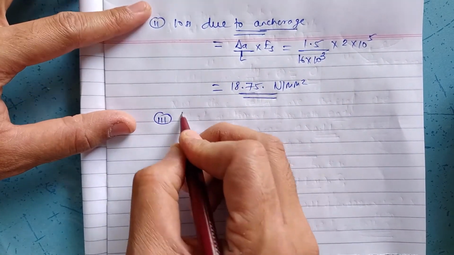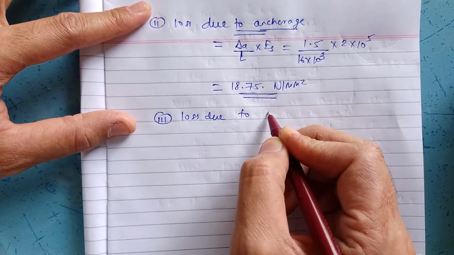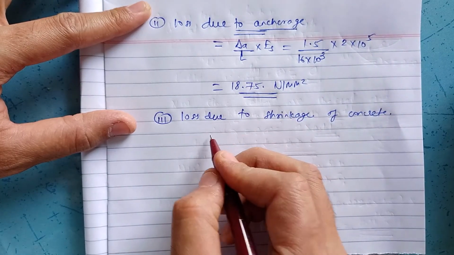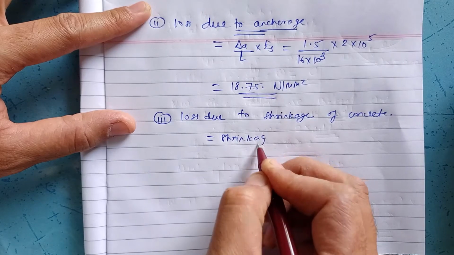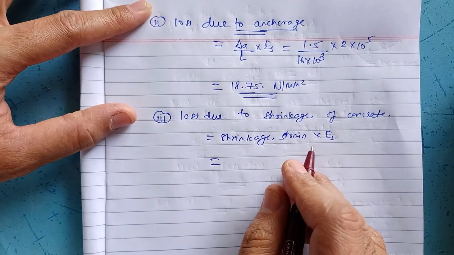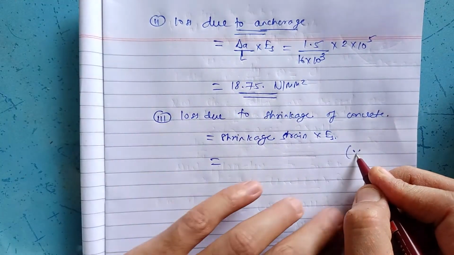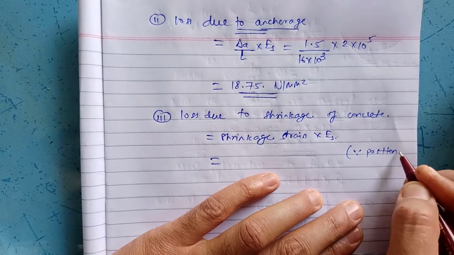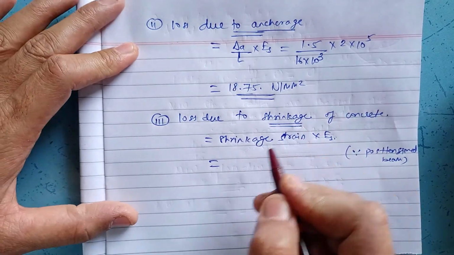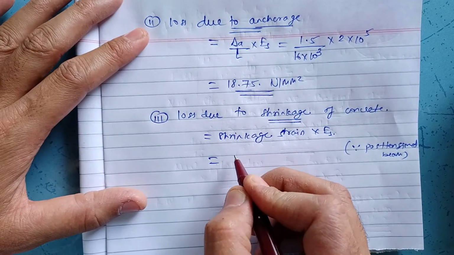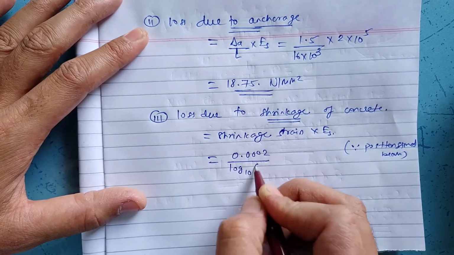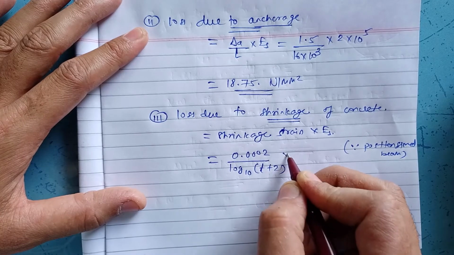Third loss that is to be calculated is loss due to shrinkage of concrete, and it can be calculated by the formula shrinkage strain into ES. Now, as it is a post-tension beam, the formula will change, and the formula will be shrinkage strain 0.0002 divided by log to the base 10 in bracket T plus 2, into ES.